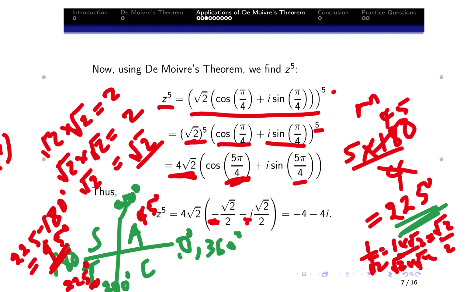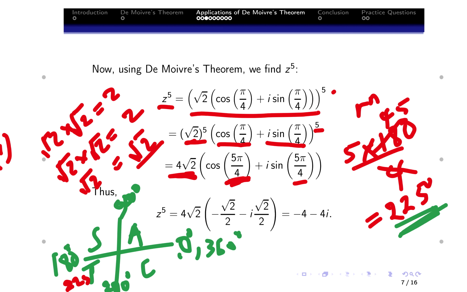But because it corresponds to 45 degrees, cos of 45 and sine of 45 are the same, 1 over root 2. And if you rationalize, you get root 2 over 2. That's why you have minus root 2 over 2 minus i root 2 over 2. So it's important to understand how to break down angles that way.